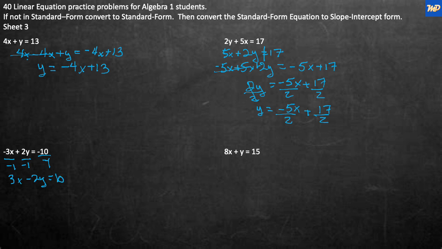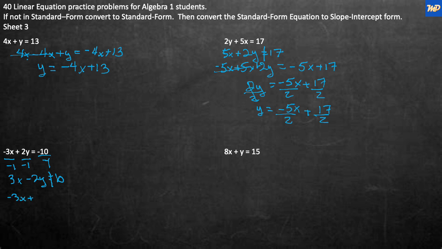Now we have to get the x onto the right-hand side, because we have to draw that little line through. Everything on the left-hand side is for y, everything on the right-hand side is for x and the constants. So we're going to move the 3x by adding a negative 3x.